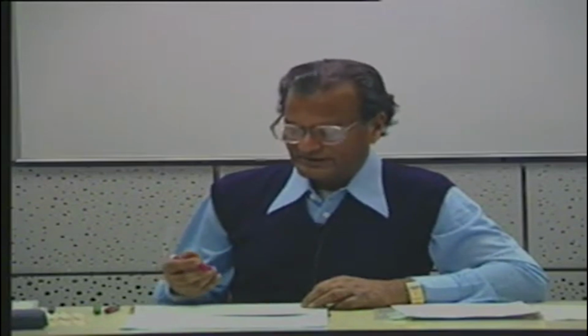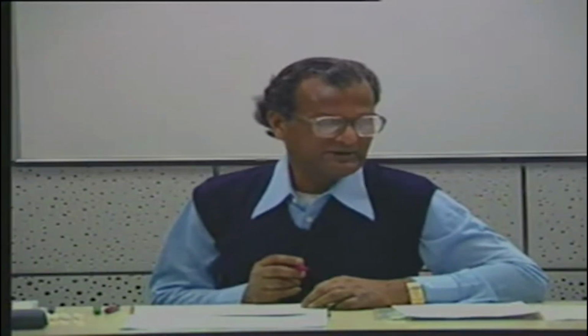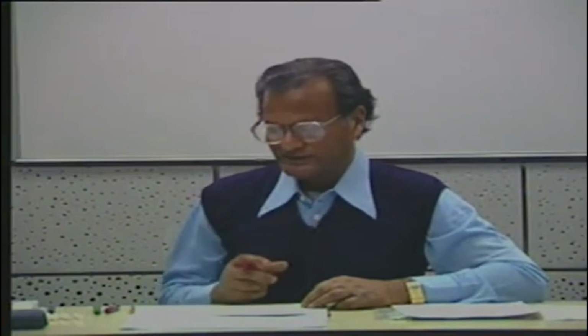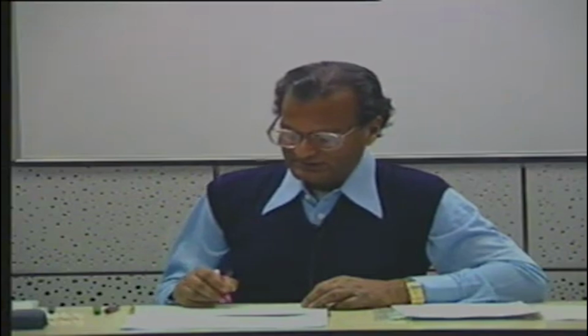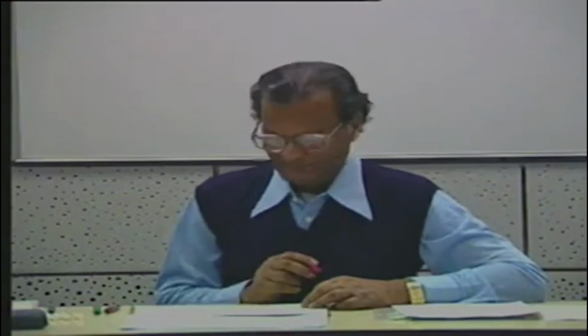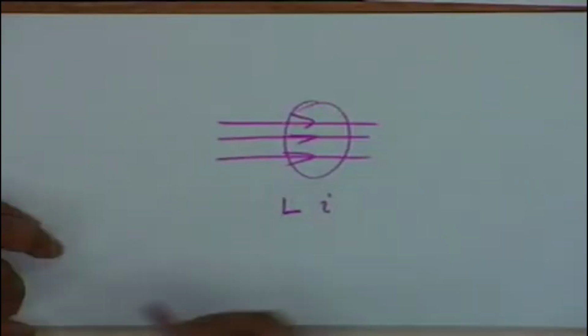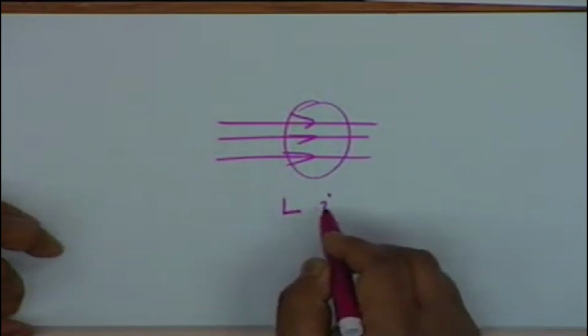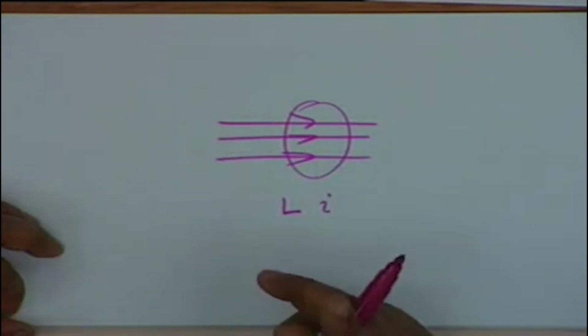Now, to understand magnetic coupling and to be able to characterize it in terms of mathematical equations, you recall that if I have a coil with an inductance L which carries a current I, then the flux associated with the inductance shall be the product of L and I. L by definition is the flux per unit current.